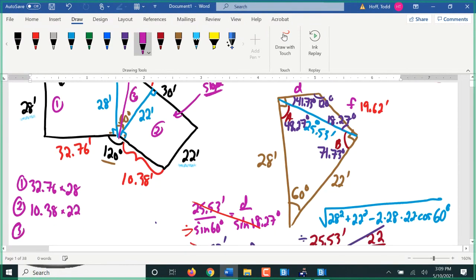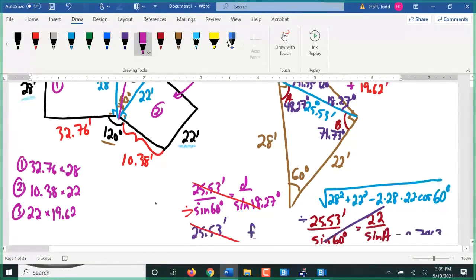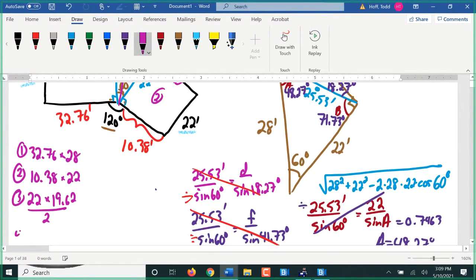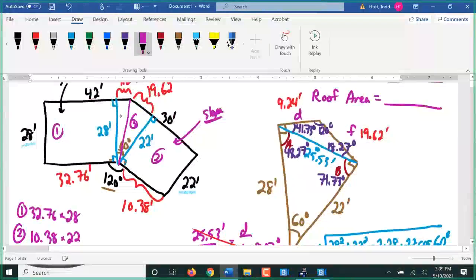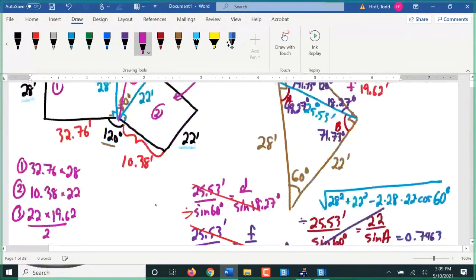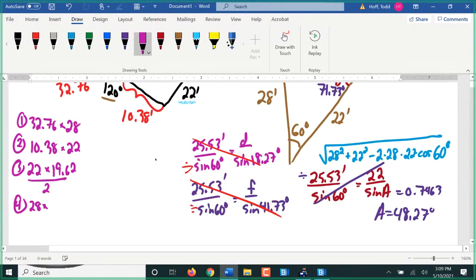My third piece here is 22 times 19.62 divided by 2. And my final piece right here, piece 4, is 9.24 times 28, or 28 times 9.24 divided by 2.